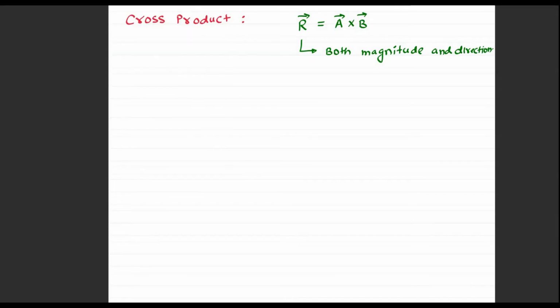So say there are two vectors with angle theta. So magnitude of R will be, as far as magnitude is concerned, this is the magnitude AB sin theta. Okay, so this relates magnitude.